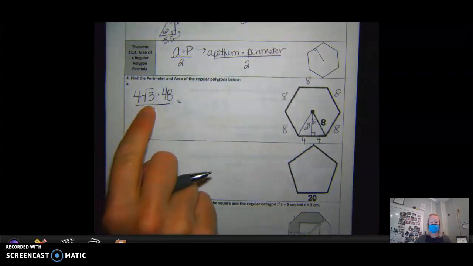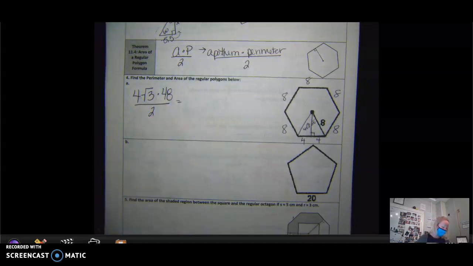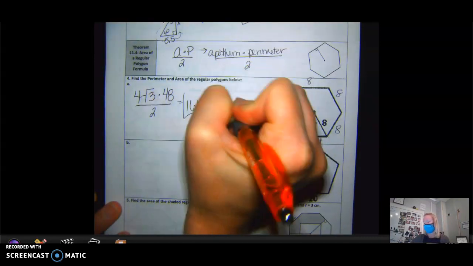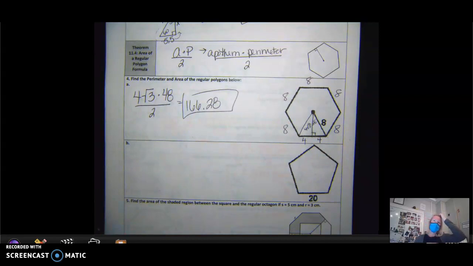So I do 4 square roots of 3 times 48 divided by 2. What'd you guys get on that? 2.8. Awesome. Any questions on that?